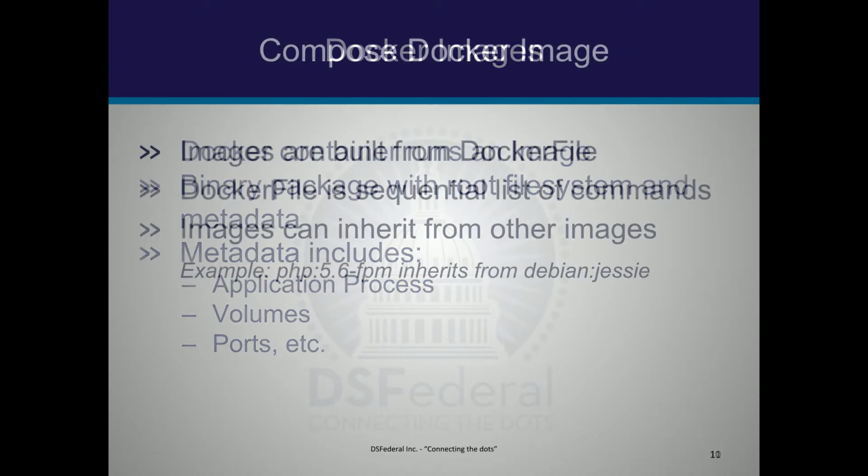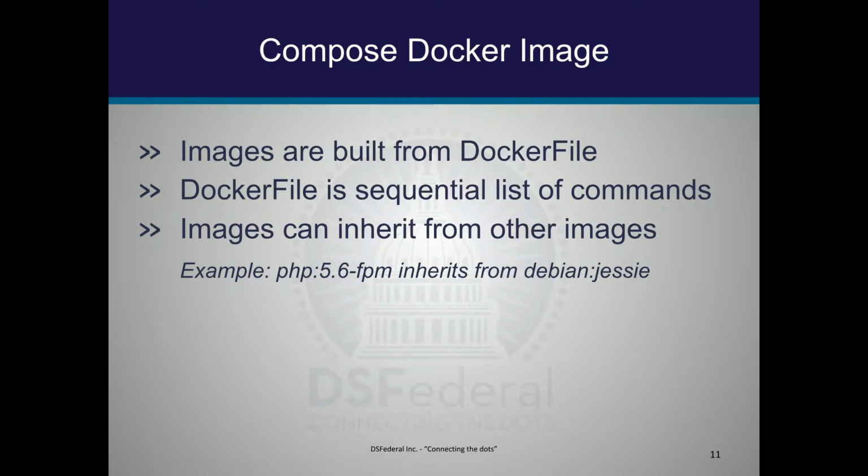Now let's see how we can create a Docker image. Basically, a Docker image is created using a Dockerfile. A Dockerfile is nothing but a list of commands. It's like a config file in your Drupal application, just a set of settings that you run inside a container.